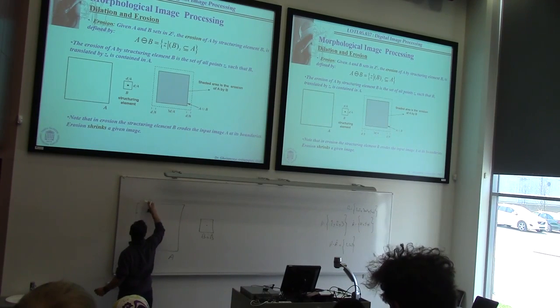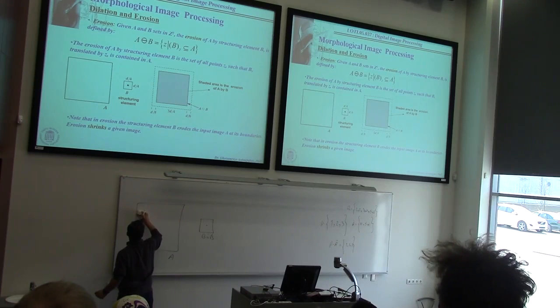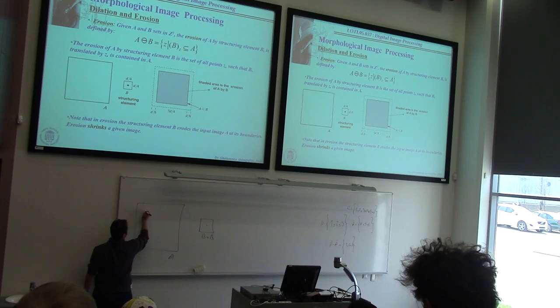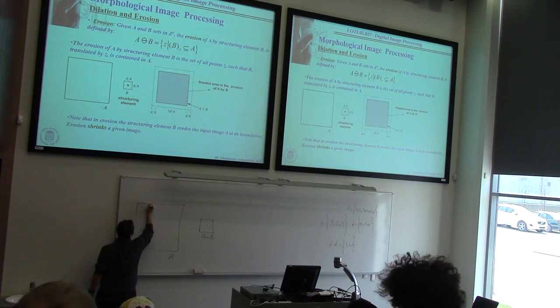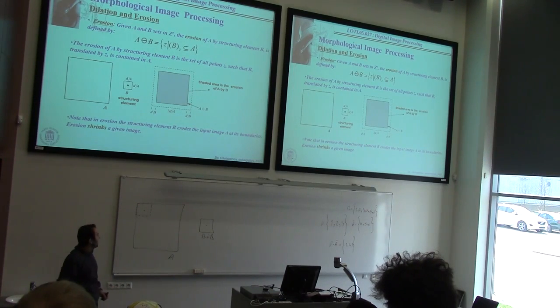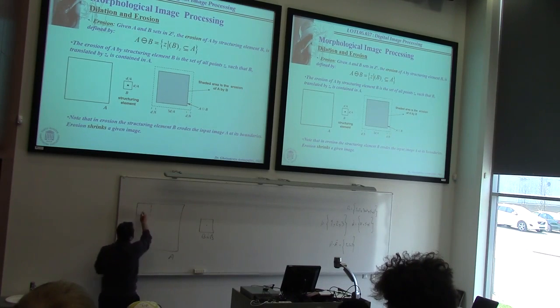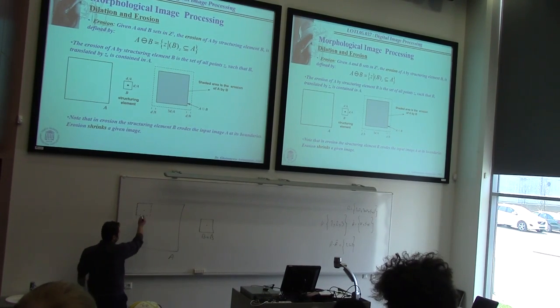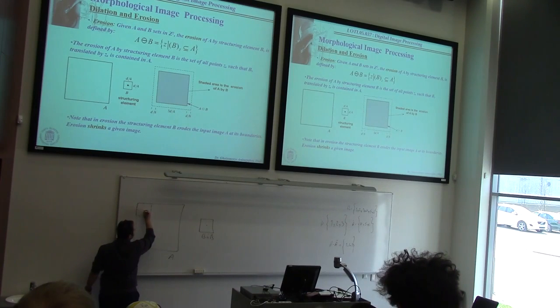So where can we start? For example, this point, when all parts of the set of B are inside A. We know that's B and the center here. When all parts of B are inside this, we can draw a line through the center because we move the structural element in this direction.